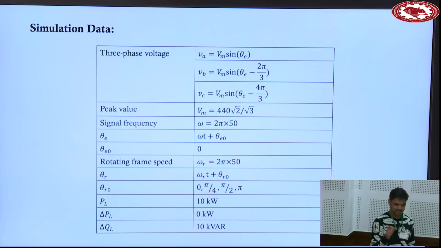First I will assume 0, then pi by 4, then plus minus pi by 2, and I want to match what you have told me. Then I want to see whether decoupling is there or not. So now I will go to simulation.